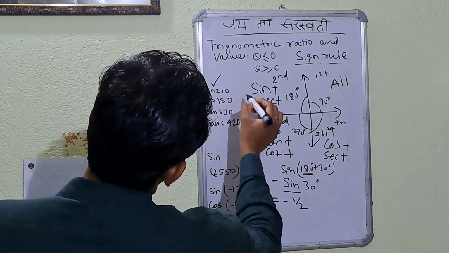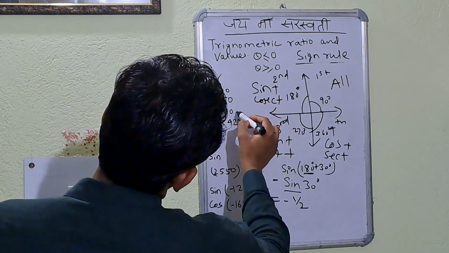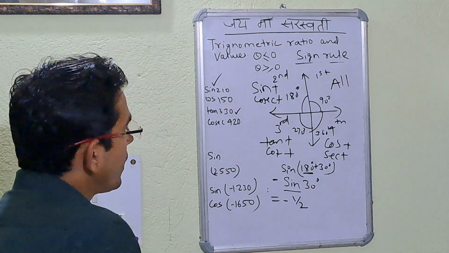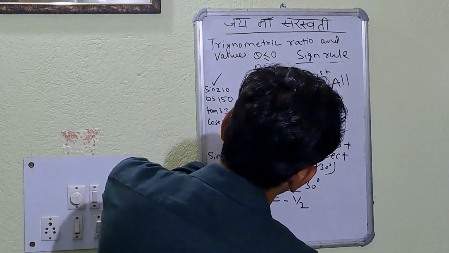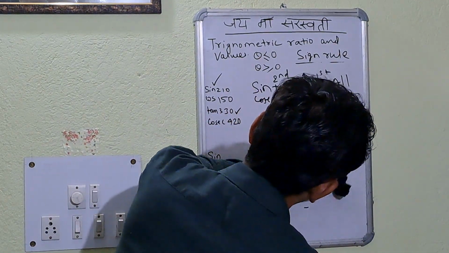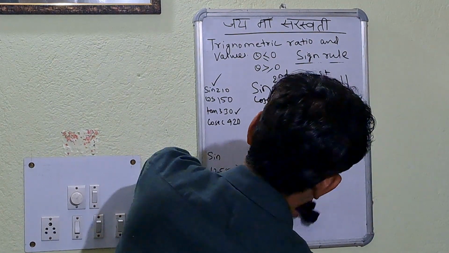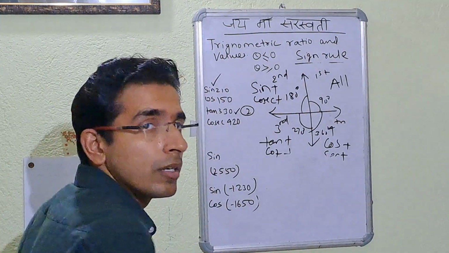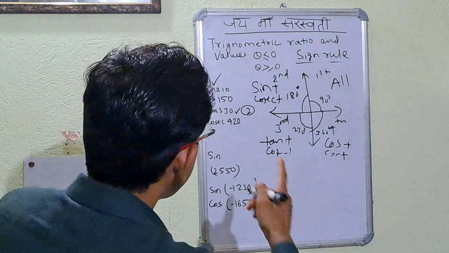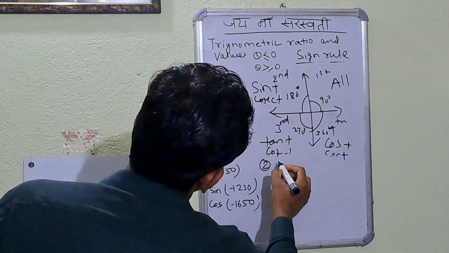Now suppose we take tan 330 degree. In this case we will be taking the second approach.